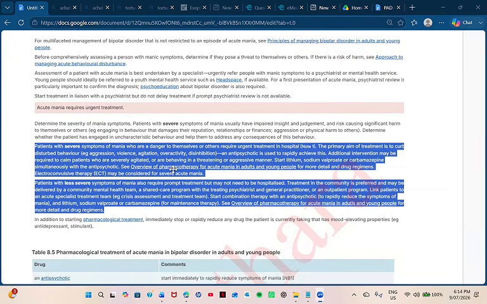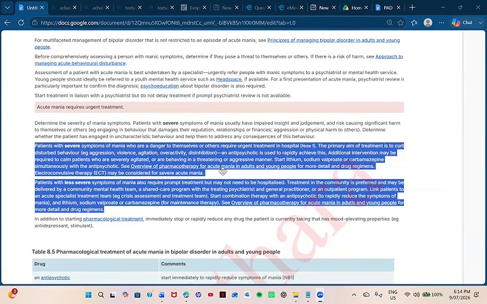So patients with severe symptoms of mania who are a danger to themselves or others require urgent treatment in hospital. The primary aim of treatment is what? The disturbed behavior, aggression, violence, to stop.